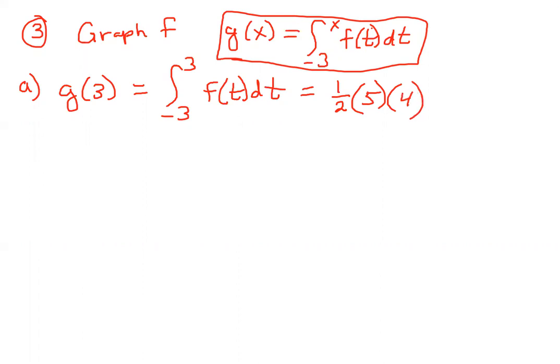Okay, that gives us the area from -3 to 2, and then where are we going? We're going to 3, and then we need the area from 2 to 3. That's going to be negative. So I can write it as plus, and I'm going to say it's negative.